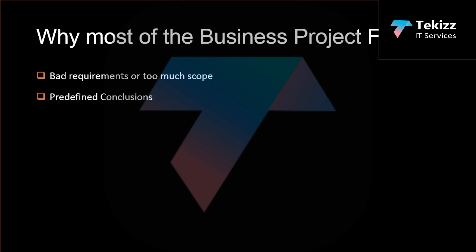Then predefined conclusions. Sometimes in business projects, we all conclude some predefined things, and that could lead to project failure. Also too much waterfall in the project, which prevents failing fast.